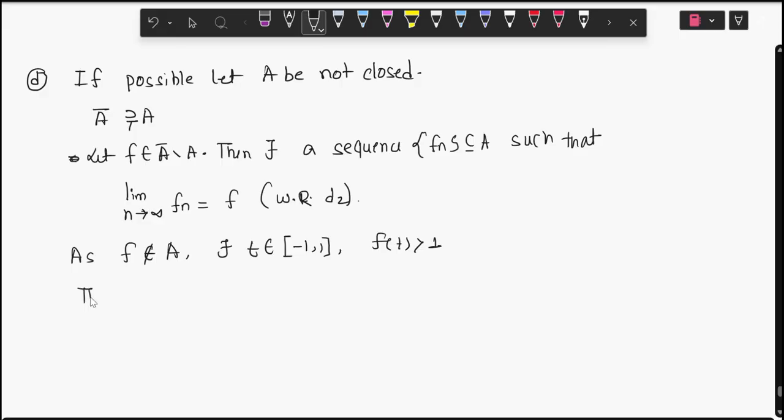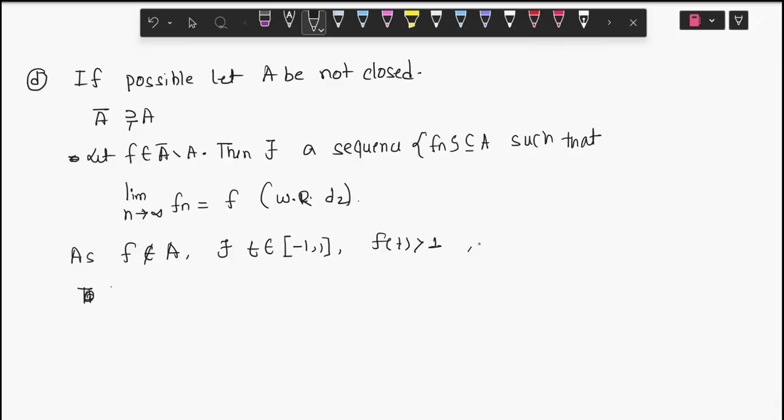Then we can find an epsilon greater than 0.